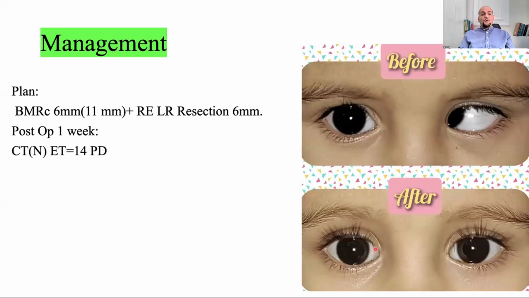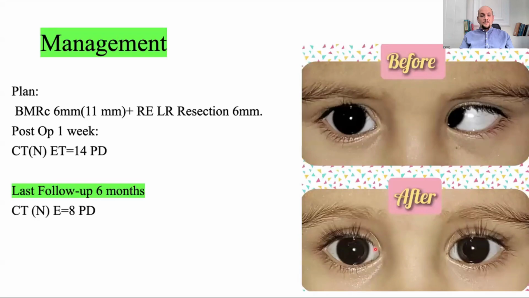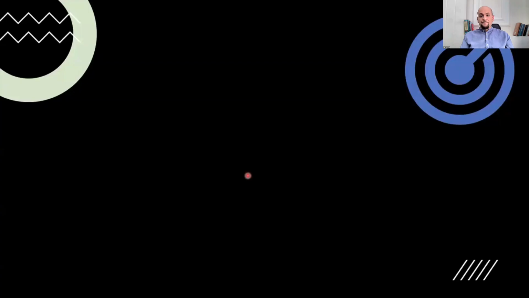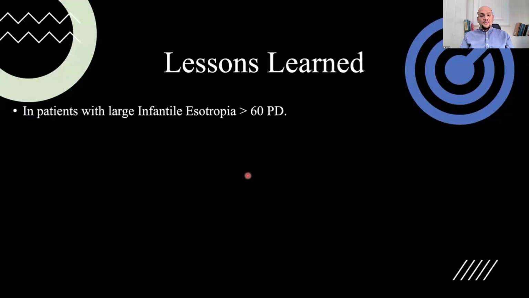Post-operative 1 week, patient came with esotropia of 14 prism diopter, and at last follow-up after 6 months, patient had only small esophoria around 8 prism diopter at near and 3 prism diopter at distance, which is a great result with full extraocular motility.